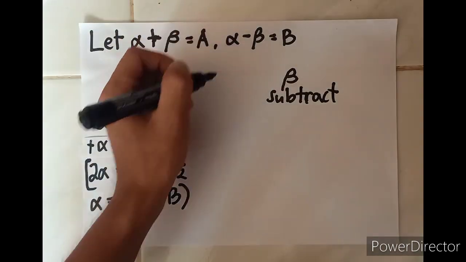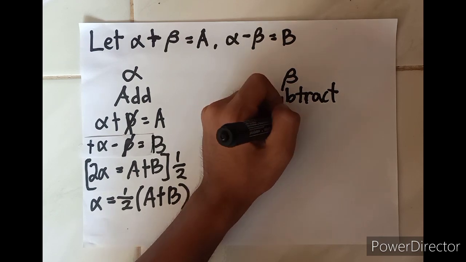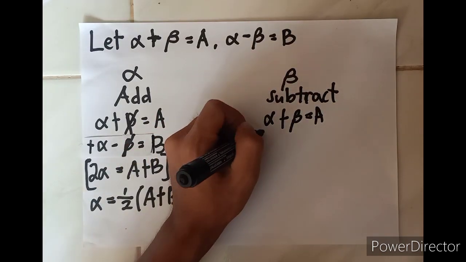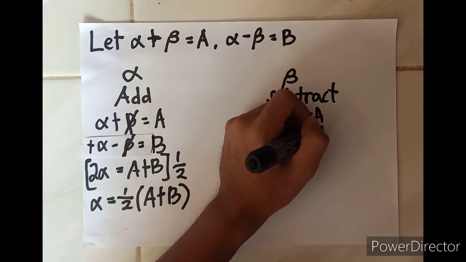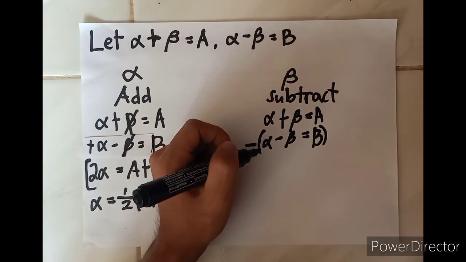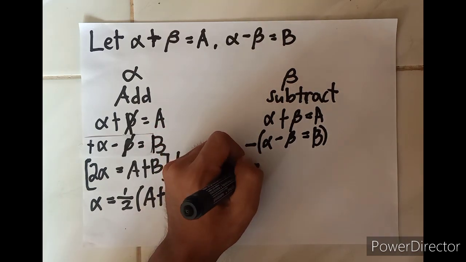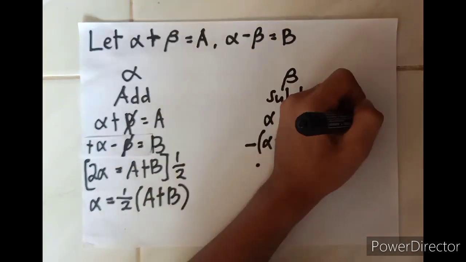Let's go to beta. To find beta, we must subtract alpha plus beta equals A and alpha minus beta equals B. Notice that alpha minus beta equals B is in parentheses because of the operation subtraction. Now we're going to distribute the operation to the inside.